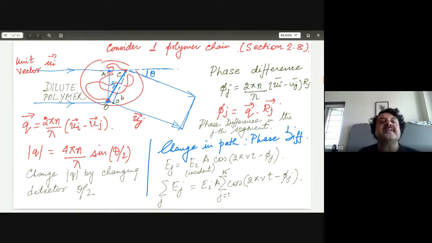And if you want to look at the scattering from all different points measured at a particular angle theta, which decides a particular value of q, then the total electric field will be the sum over all j, all other monomers, of cos 2 pi nu t minus phi j, with different phase differences from different monomers, right?